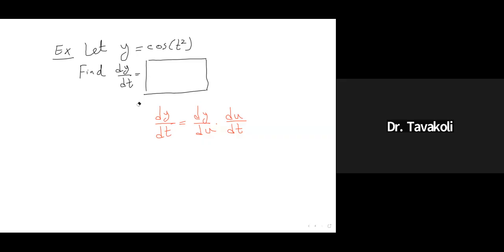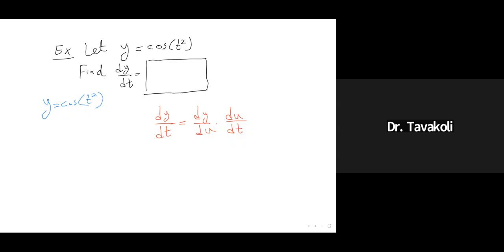In the first place, why do we need the chain rule? Because the function is not just cosine of a variable like x or t. It's a function of that variable, t squared. That's what makes the problem more complicated.